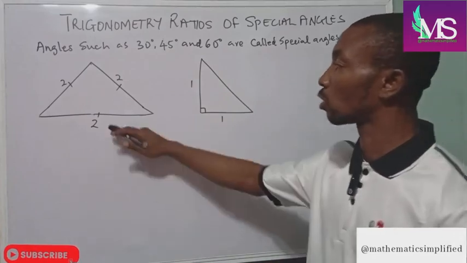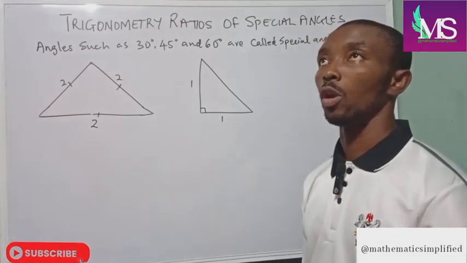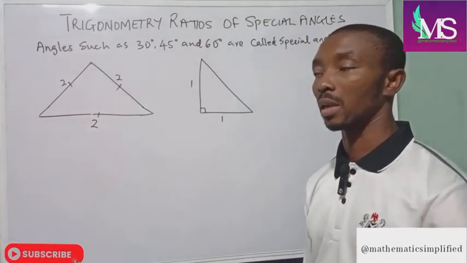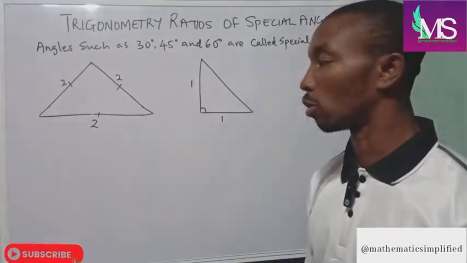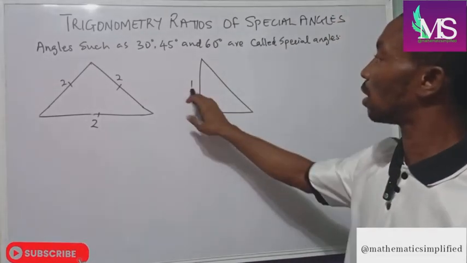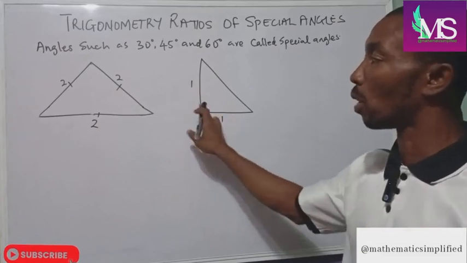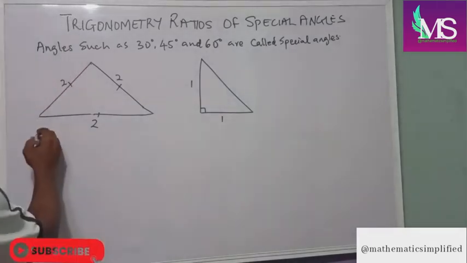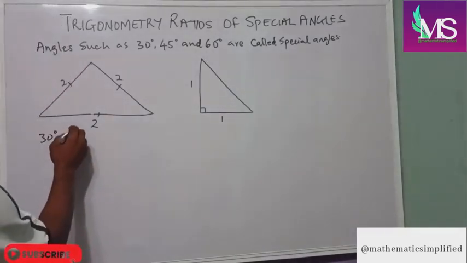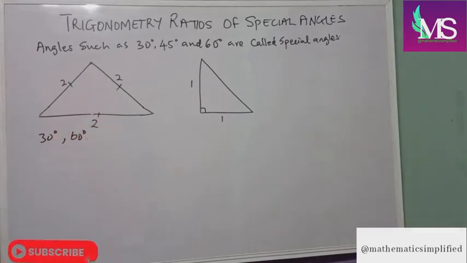Now, looking at an equilateral triangle, we know that an equilateral triangle is a triangle in which all sides are equal. And for our right angle triangle, we assume that both sides are equal, which we assume to be 1. Now, first, let's calculate for 30 degrees and 60 degrees from our equilateral triangle.